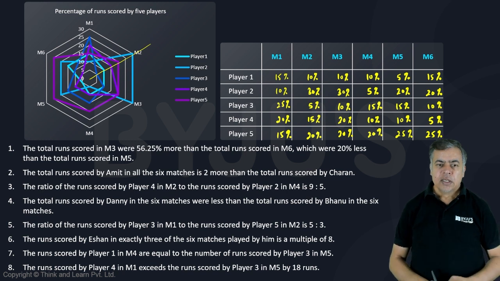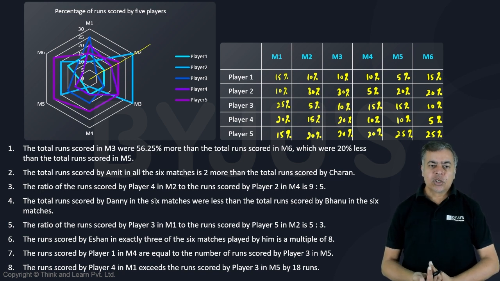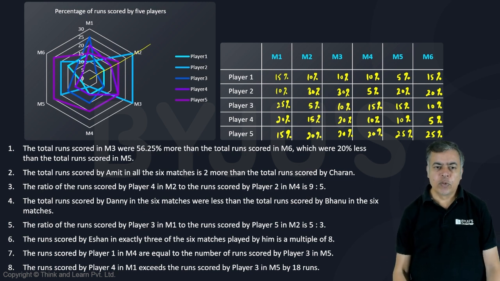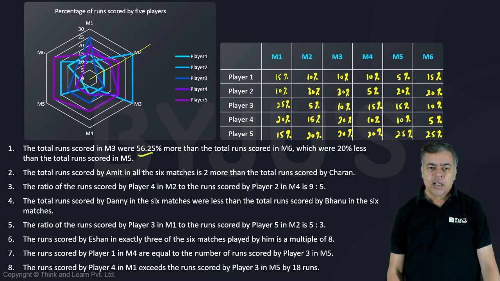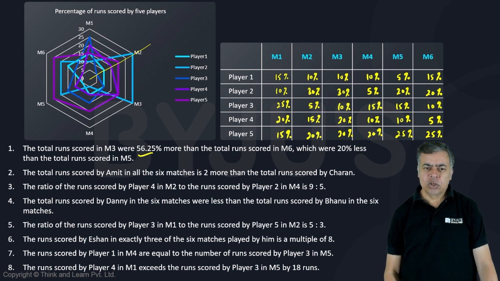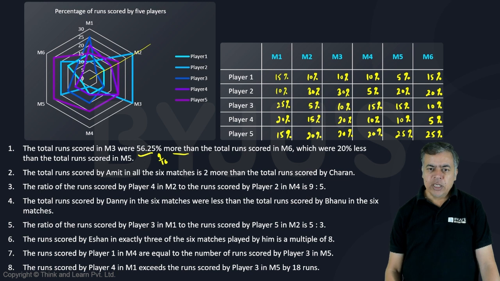Yes. Okay, now the total runs scored in M3 are 56.25% more than the runs scored in M6. 56.25% is 9 by 16, since 6.25 is 1 by 16, so the ratio will be 25. Also, the total runs in M6 are 20% less than the runs scored in M5.